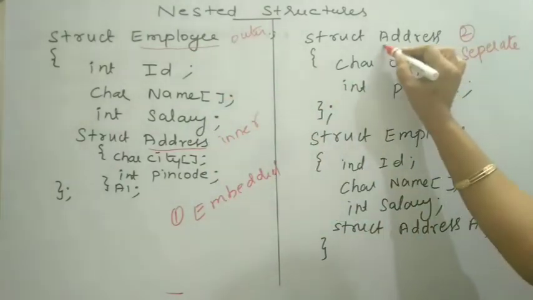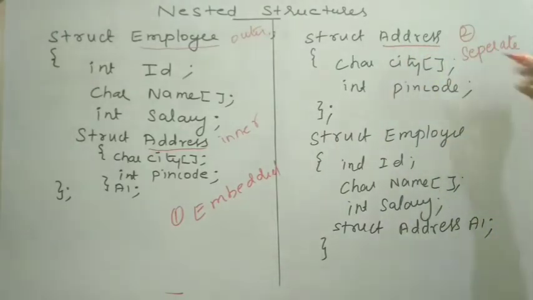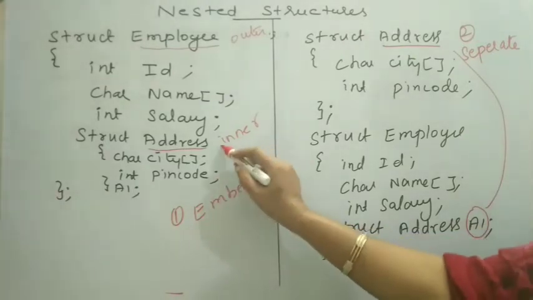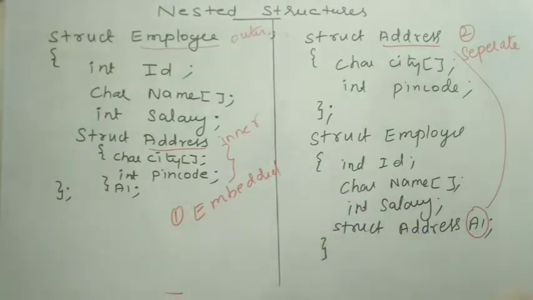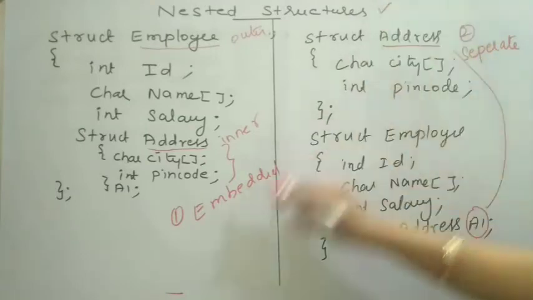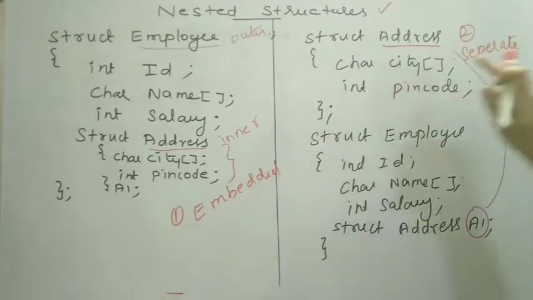First we need to define the structure, and then as a data member within employee, I have included a structure variable of this address. So as a data member, a structure variable is included. Here, as a data member, the entire structure definition is included. That is the basic difference between defining a nested structure using the embedded structure method and the separate structure method.